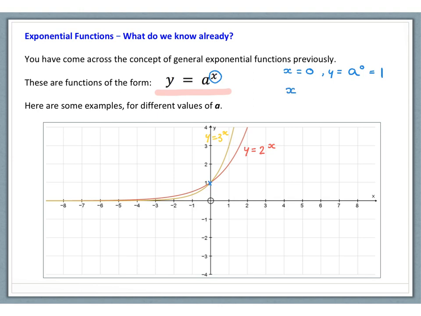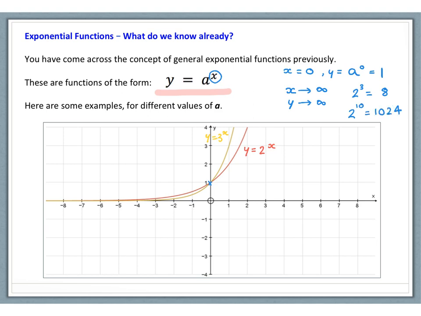As x approaches infinity, y will also approach infinity. And that's partly the definition behind the idea of exponentials. If you have 2 to the power of 3, that's only equal to 8. But if you work out 2 to the power of 10, that's equal to 1024.